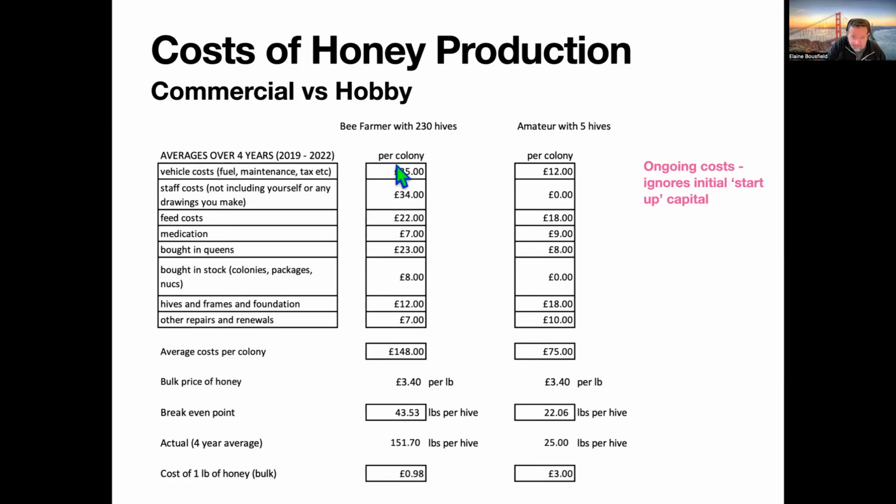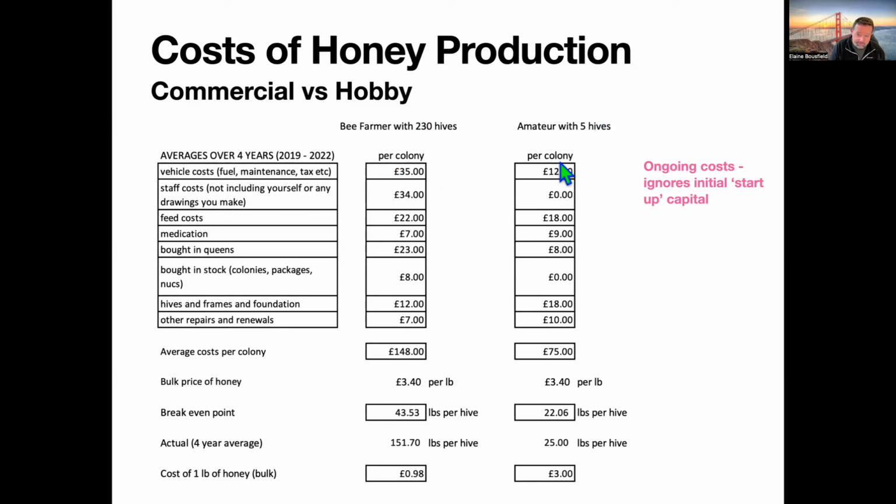So in the case of the bee farmer, we've got significant costs of running a vehicle and fueling and taxing it and so forth. And because he's running around pollinating and moving his hives to crops, I put a small amount in for the hobbyist, 12 times 5, 60 quid per year.